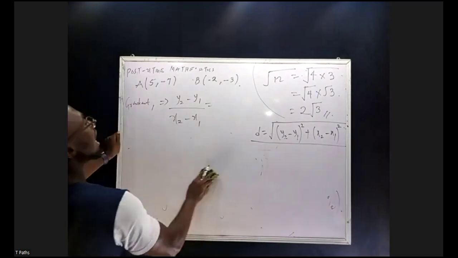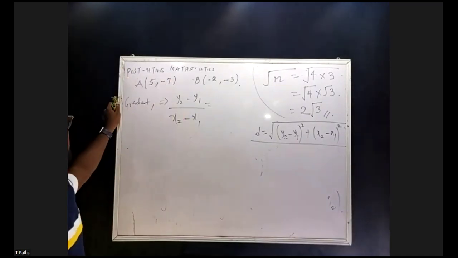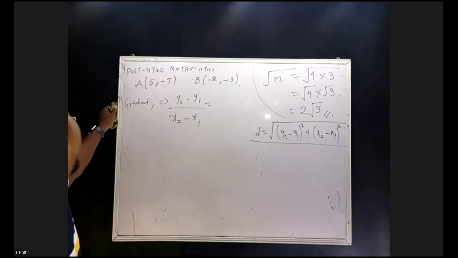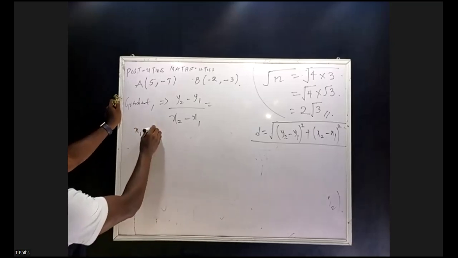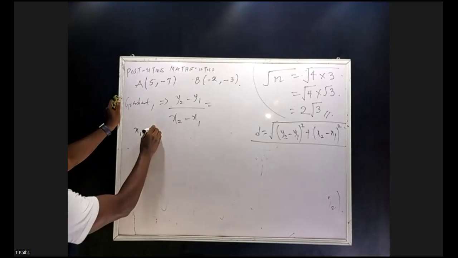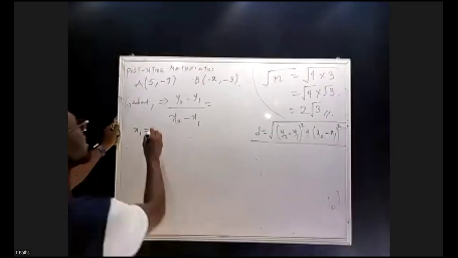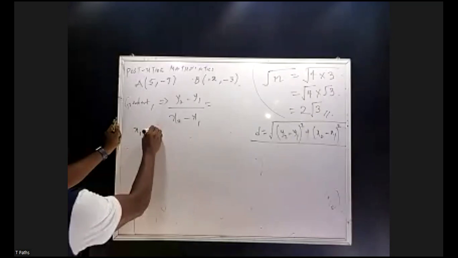So all I just need to do is I need 4 people to unmute. Tell me what is my X1. Who is the first person that is going? What is my X1? X1 is 5. Another person.